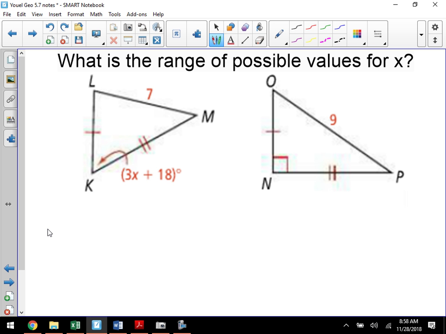The angle K or angle N? Angle N has to be larger. The reason that it has to be larger is because the side across from it is larger than the side across from the angle K. So what's the upper limit for angle K? What does it have to be smaller than? What does it have to be bigger than? 0.